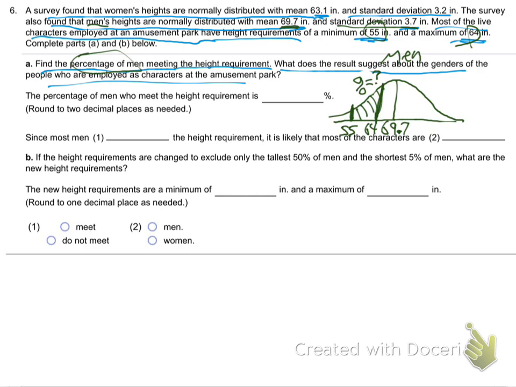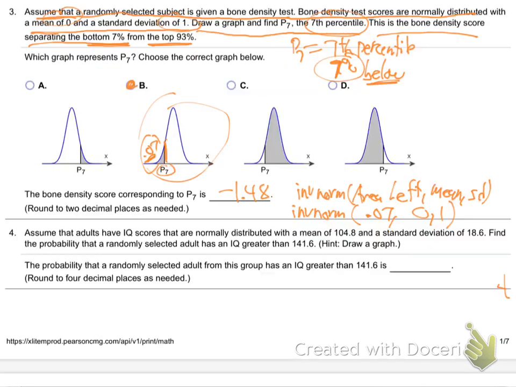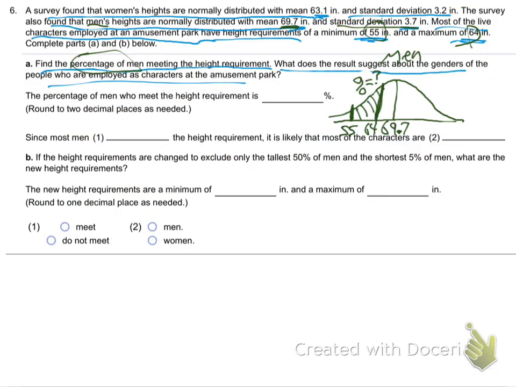Well, how do you find a percentage? Let's go back to the notes. When they ask for percent, normal CDF, left, right, mean, standard. So I'm going to squeeze it in over here. Normal CDF, left, right, mean, standard.